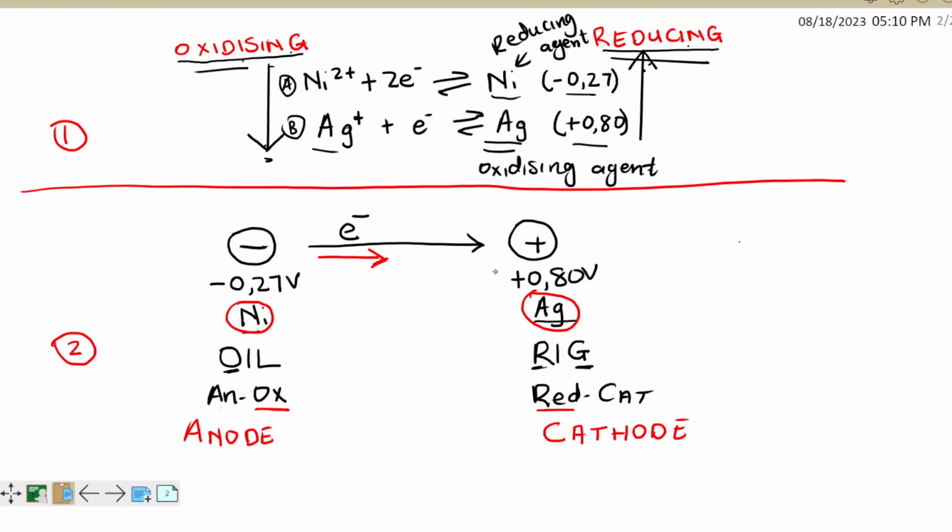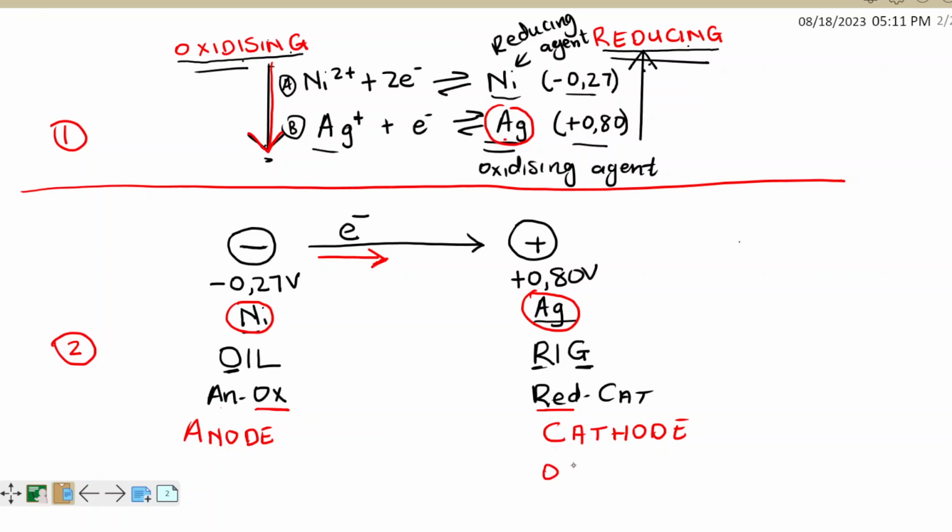Can you see now? So let's go back now and identify which one is a reducing agent and which one is an oxidizing agent. So go back now to your arrows. Since silver is below, this arrow is pointing downwards. It means the one that is below is the oxidizing agent, which is this one.